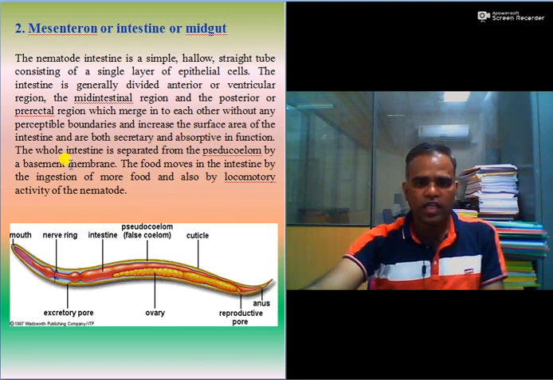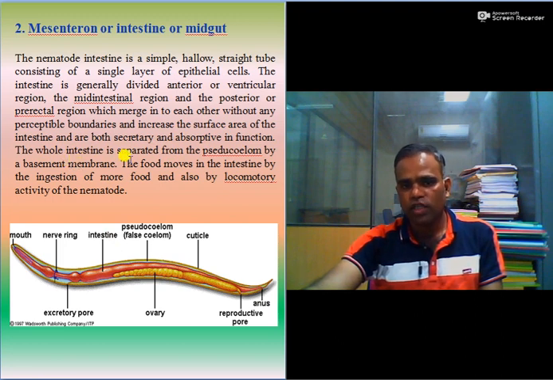The whole intestine is separated from the pseudocoelom by a basement membrane. The food moves in the intestine by ingestion of more food and also by locomotory activity of the nematode.